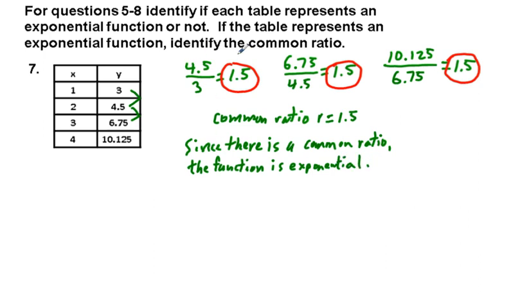And it says, if the table represents an exponential function, identify the common ratio. We had to find that there was a common ratio. And so we will just say R is equal to 1.5, or I guess we could say 3/2. So that would be our answer to problem 7.